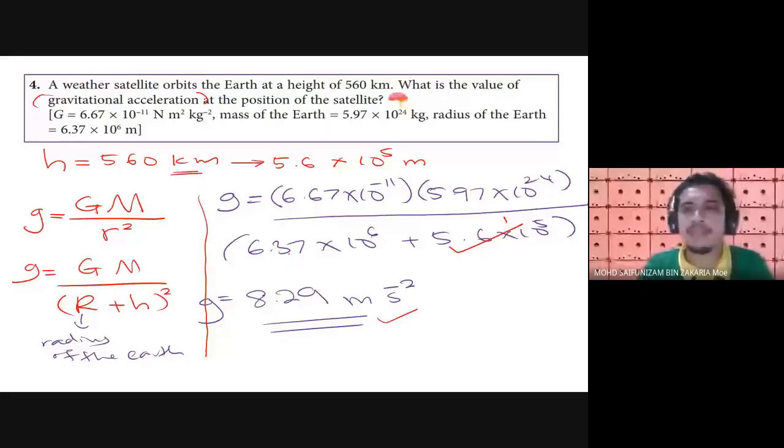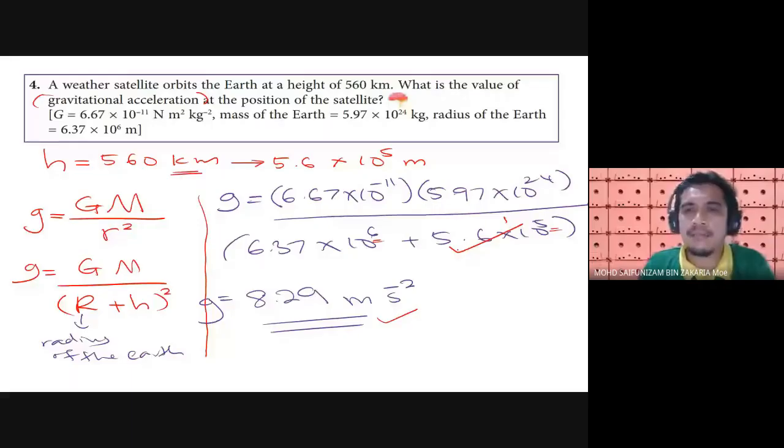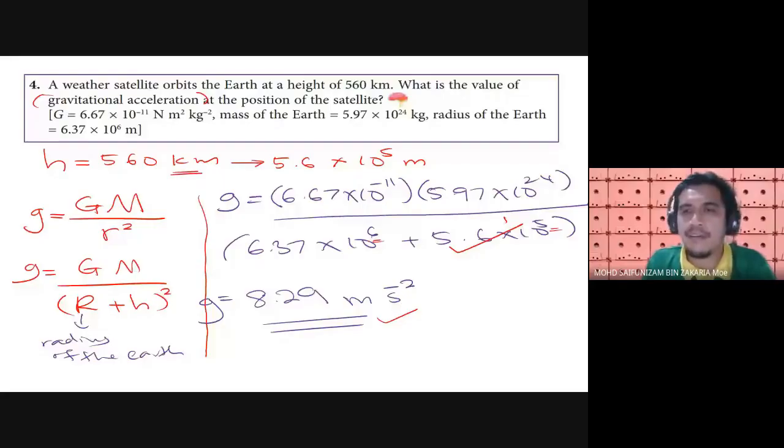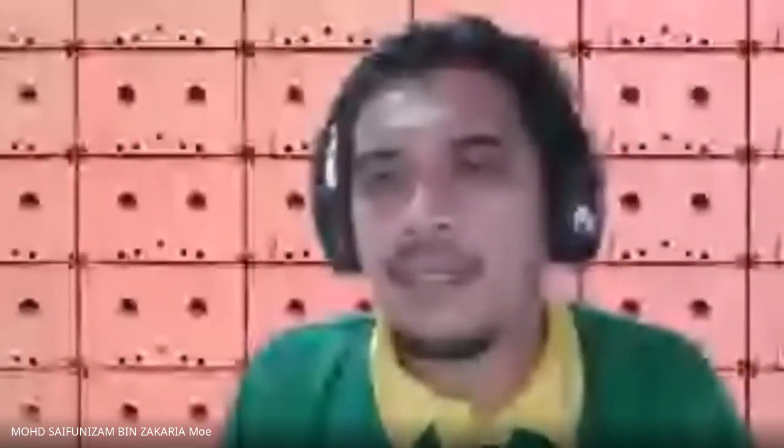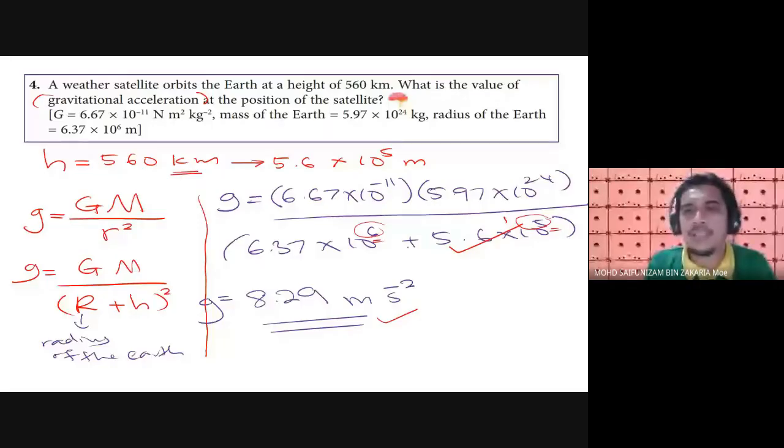Tengok kat sini power of 6, ini power of 5. So kena berhati-hati juga semasa tekan calculator. Tapi tekan calculator tak ada masalah sebab dia akan memberikan jawapan yang lebih betul. Cuma takut kalau main tambah direct, dia akan jadi salah. Kalau nak tambah secara manual, kena pastikan kedua-dua ni mempunyai kuasa yang sama, barulah tambah secara direct.